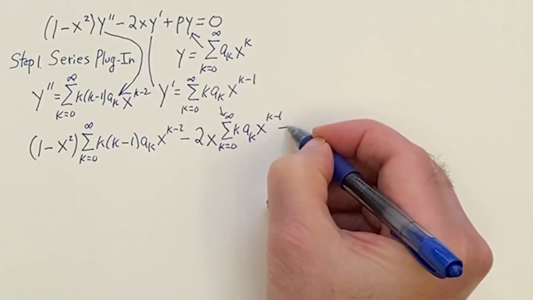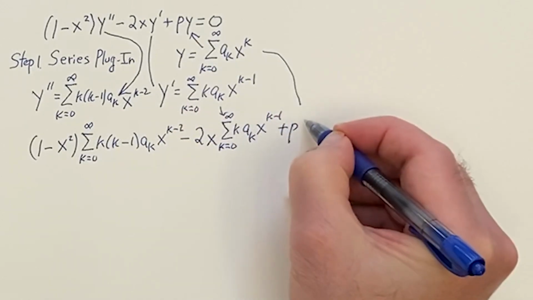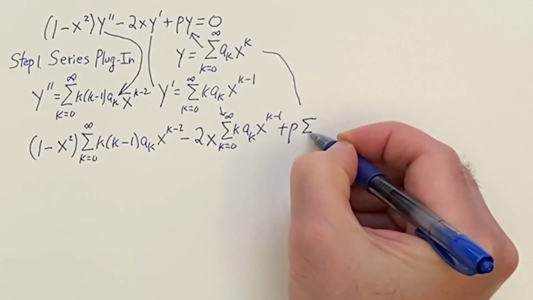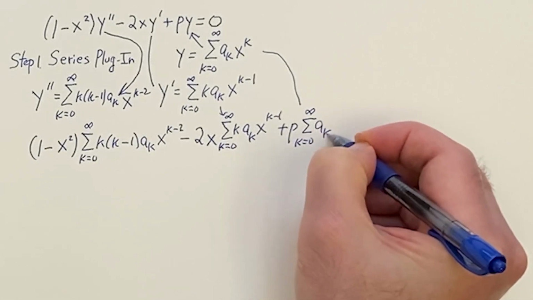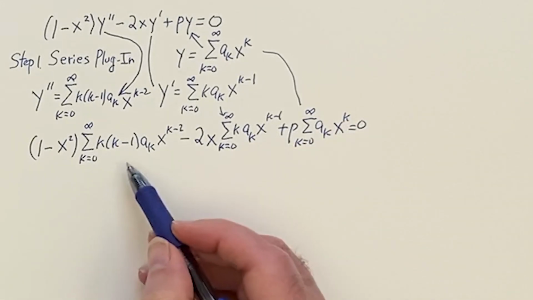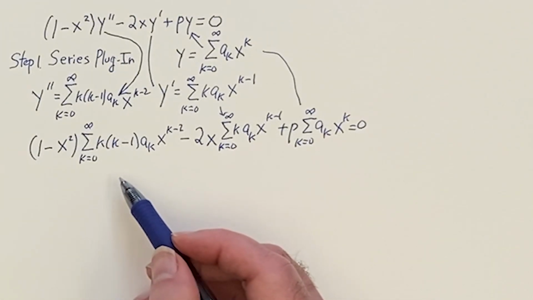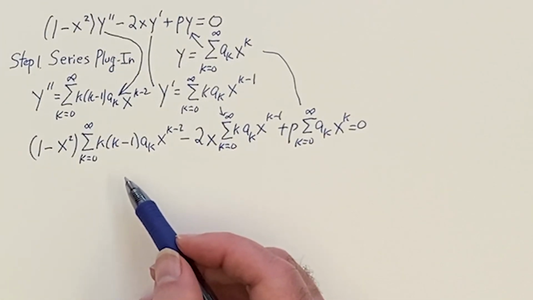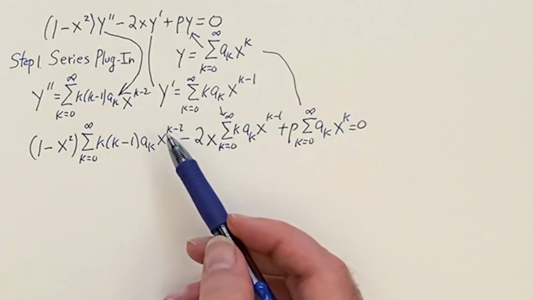Last one is plus p and this one. So this is the sum for k equals 0 to infinity of a k, x to the k, equals 0. So that's step 1, series plug-in. We plug it in 3 places here because you have 3 places with the y and various derivatives.